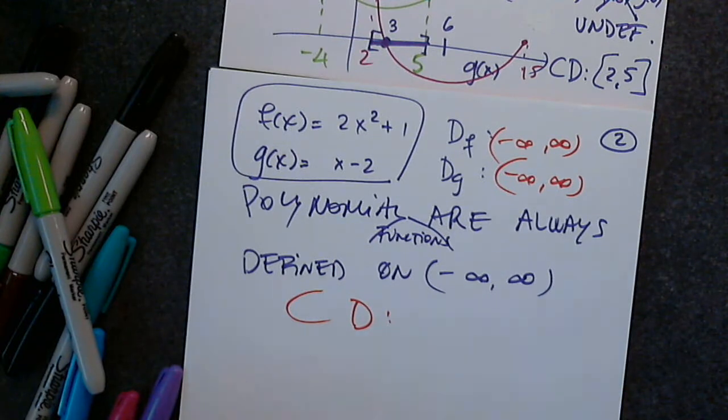What will be the common domain? Say it again. The domain has to be an interval or a number, but not infinity. Infinity cannot be an interval or domain.